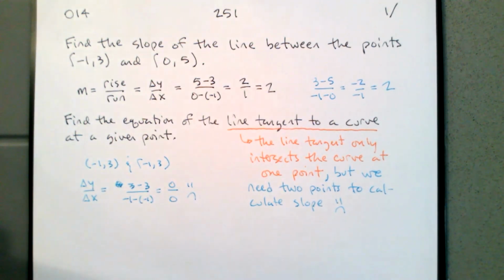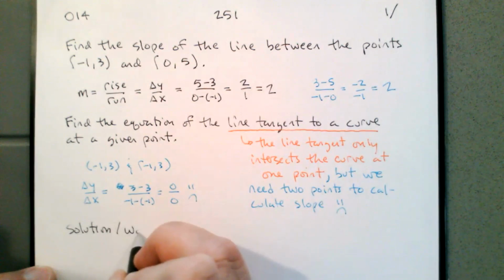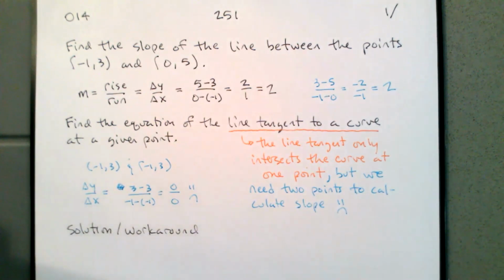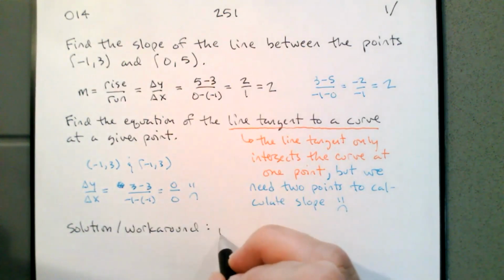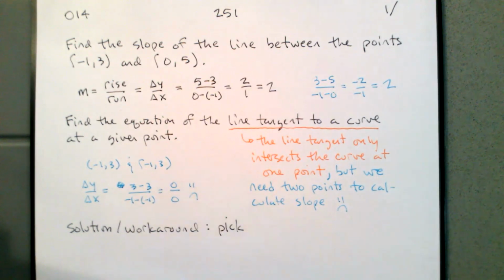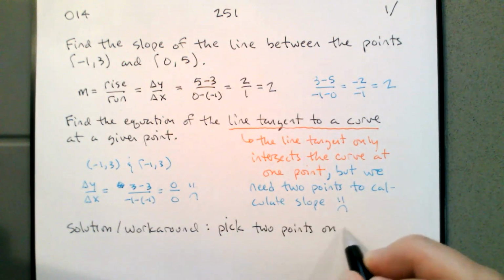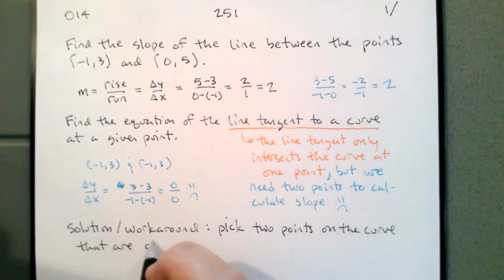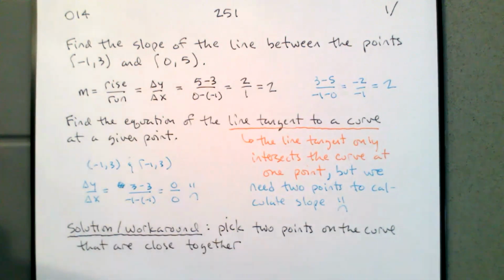Our solution, or more of a workaround than a solution, is to pick 2 points on the curve that are close together.